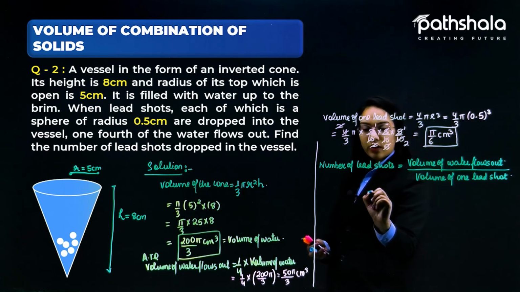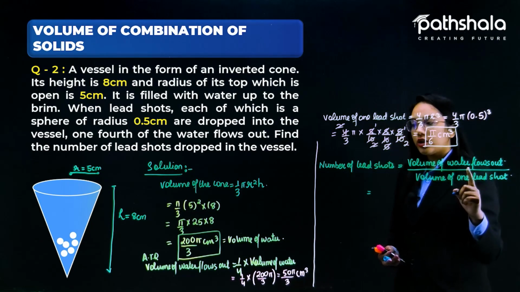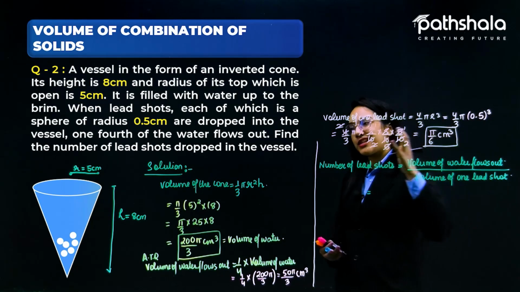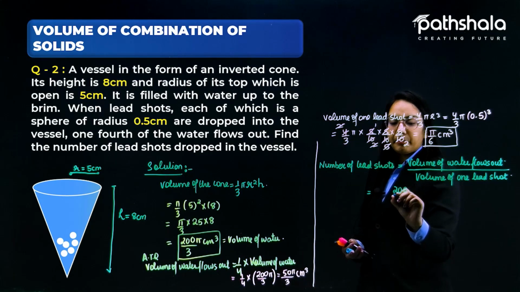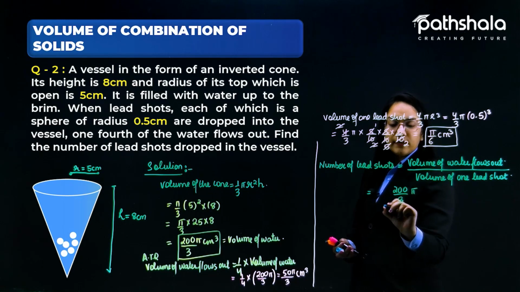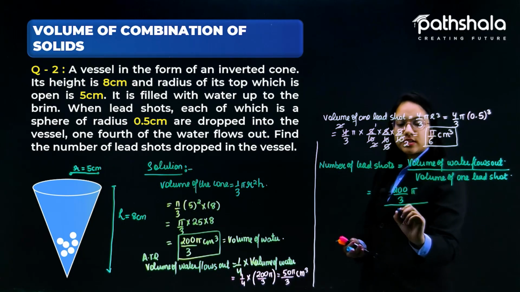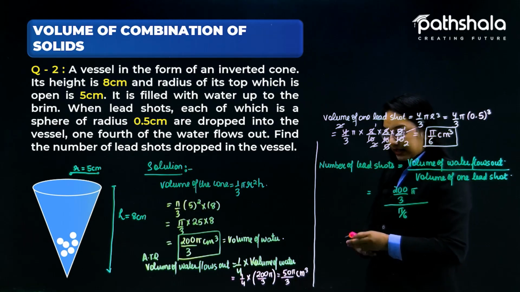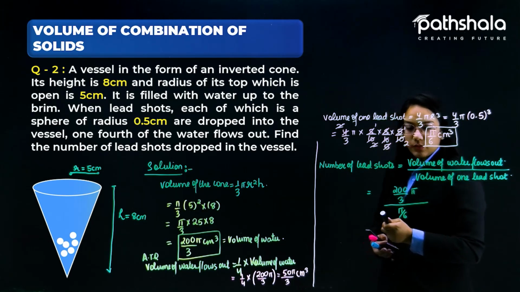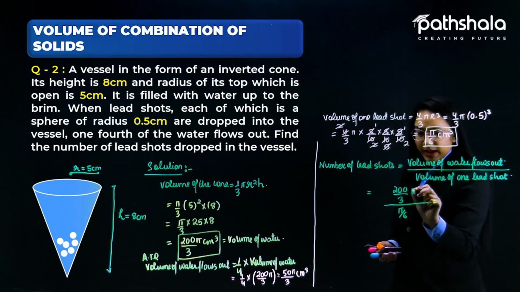So let's plug in all the values over here. The volume of the water that flows out is the same as the volume of the cone. So this is 200 by 3 pi divided by the volume of one lead shot, which is pi by 6. Now let's cancel out the values. Pi and pi get cancelled.